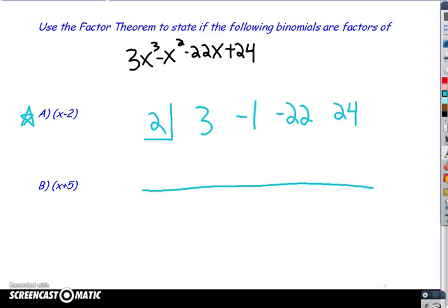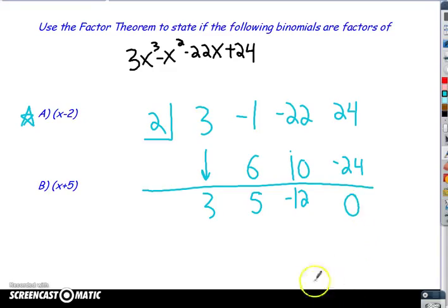I can have these in order, 3, 2, 1, 0, those are my exponents, so we're good. Drop the first number down. Multiply. Add. Multiply. Add. Multiply. Add. I get a remainder of 0.